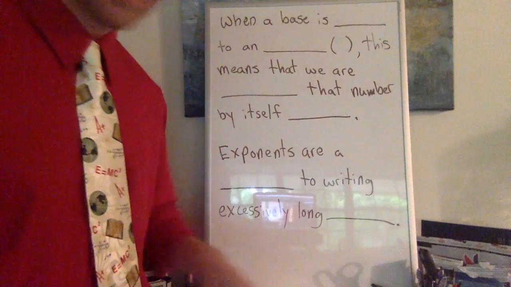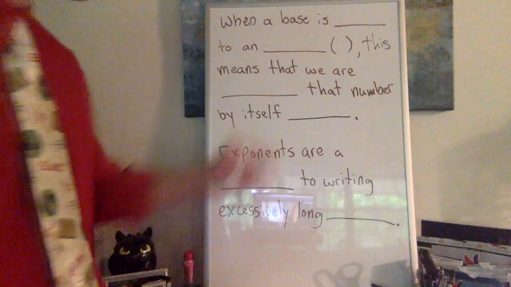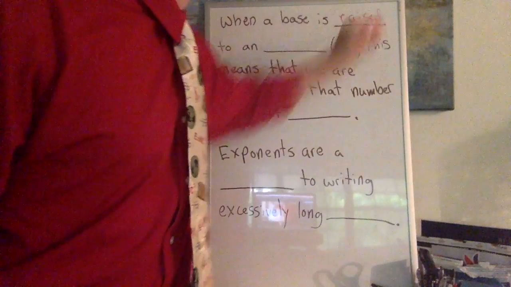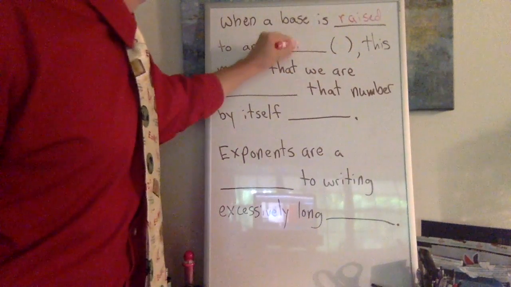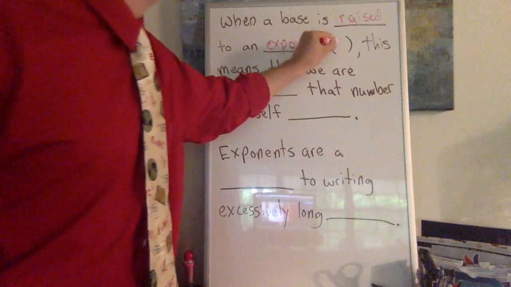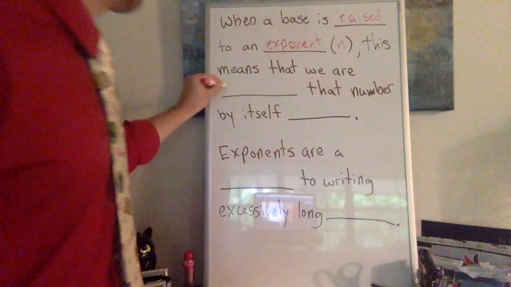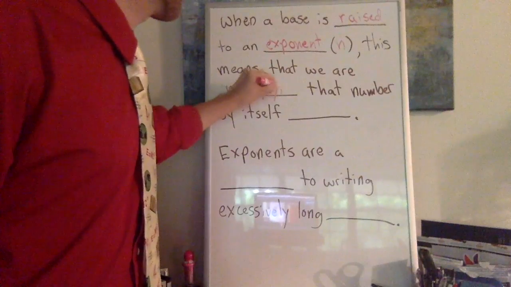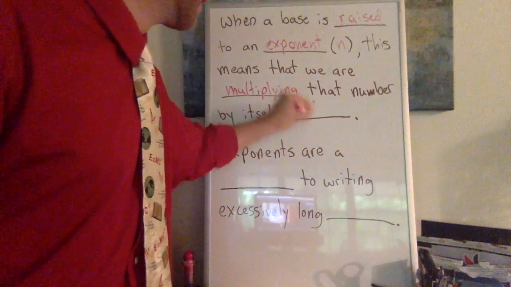So, again, on the guided notes here, let's fill in the blanks. When a base is raised to an exponent, and we'll use the letter n here, just as a generic exponent, this means that we are multiplying that number by itself n times.